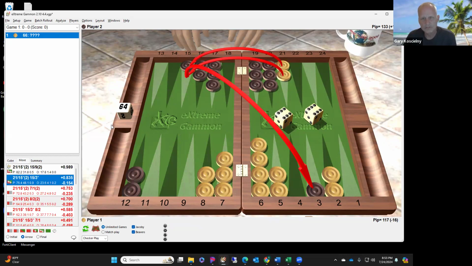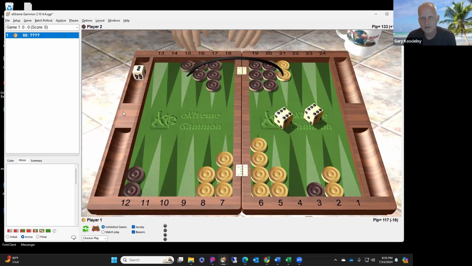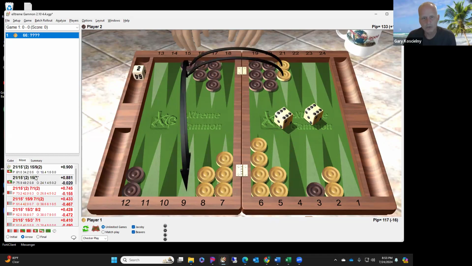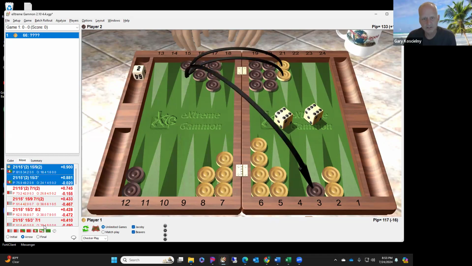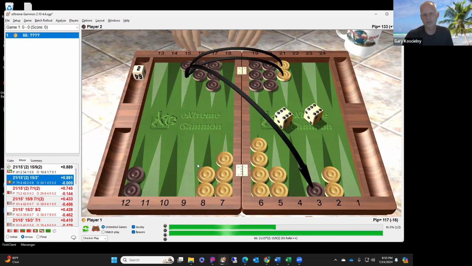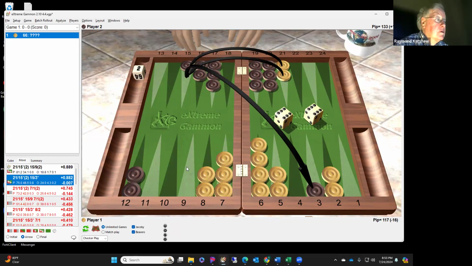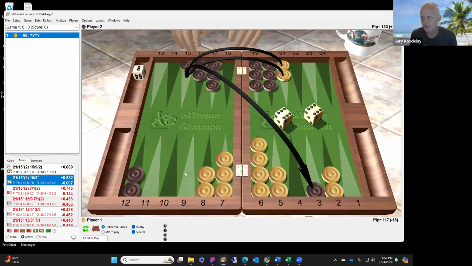Now I wonder if having doubled makes that difference. No, it doesn't. Oh, yes, it does. Look at this. Ray, we were talking about this before: if you've already cubed, you're going for the throat afterward, much more aggressively than if you hadn't cubed.